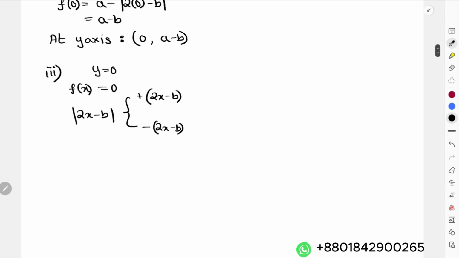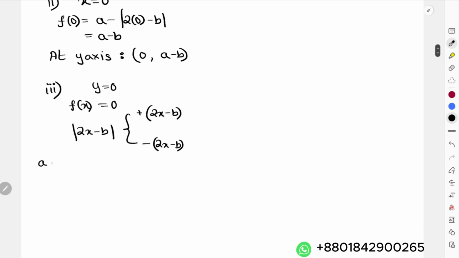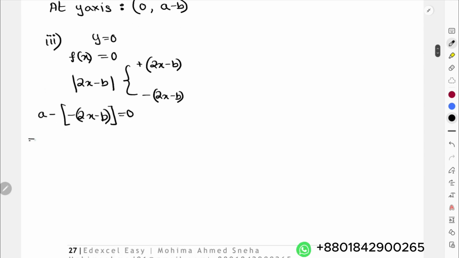So if we consider this positive and negative separately, now we can write that plus 2x, the equation was a minus 2x minus b, that is equals to 0, so which is going to be minus, and minus is positive, so you get a plus 2x, this is plus minus, so it's going to be minus b equals 0, so you get 2x equals b minus a, and eventually x becomes b minus a over 2.